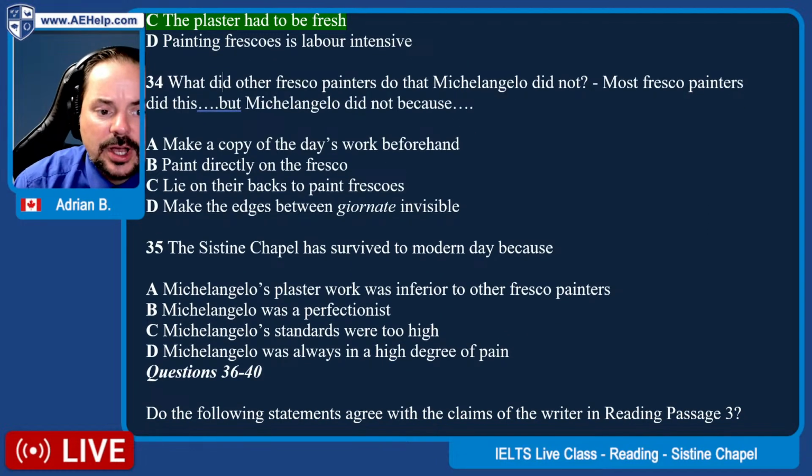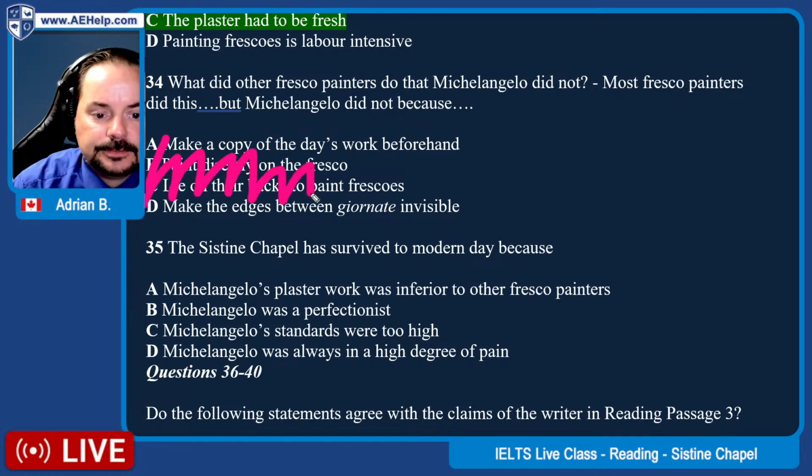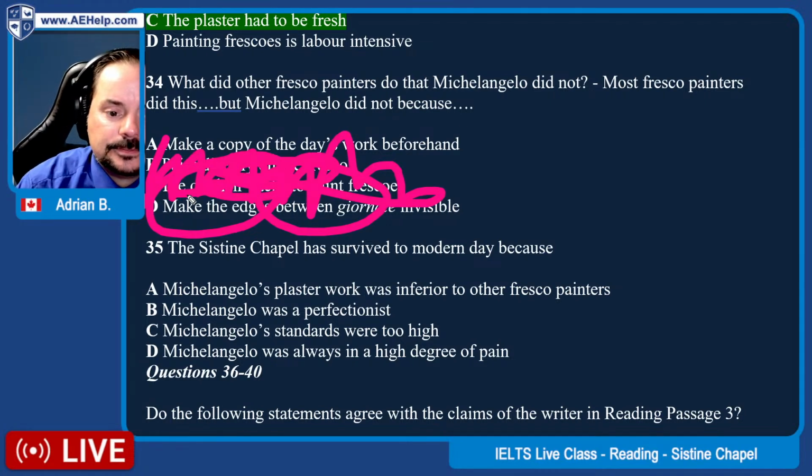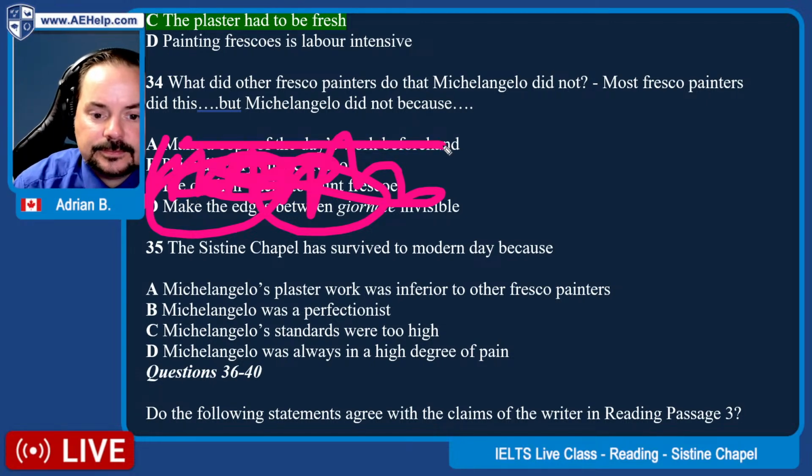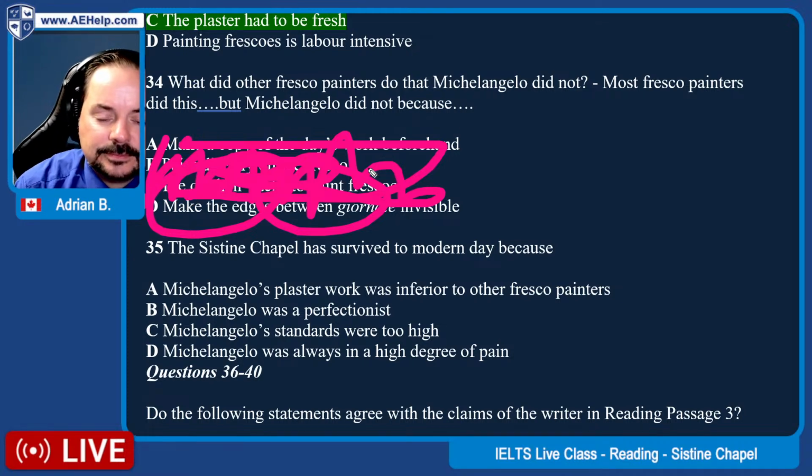Okay, let's try 34. Again, just read the question. What did other fresco painters do that Michelangelo did not? And the paraphrasing: most fresco painters did this because Michelangelo did not. So, can you fill that in?